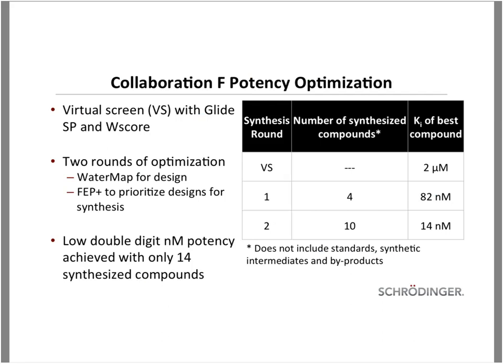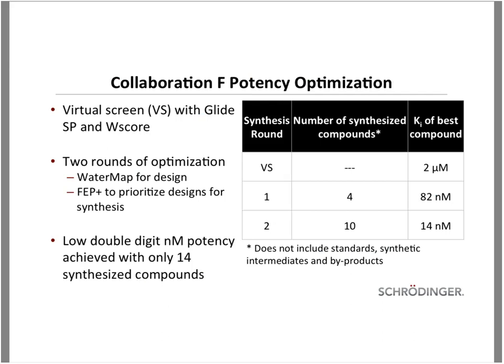The initial round of optimization was done in 2 stages. So we used WaterMap, calculation of hydration sites in the protein to suggest where substitutions on our lead compound might result in affinity changes, and then using FEP to actually prioritize those designs for synthesis.